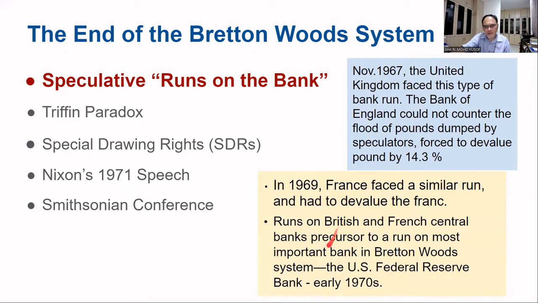Same thing with France, similar, and they had to devalue the franc. Finally, runs on these British and French banks were a precursor to runs on the US Federal Reserve in the early 70s. So basically the fixed US dollar gold standard started to fall.